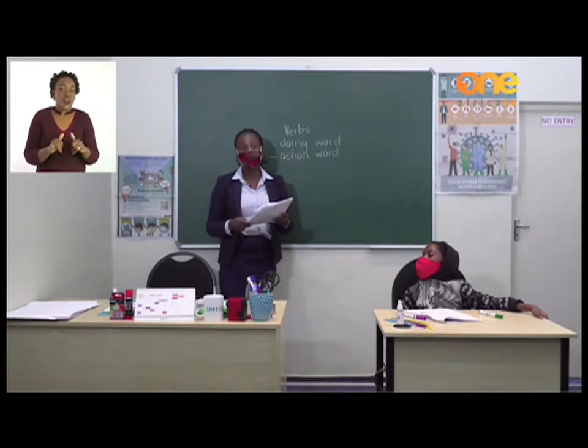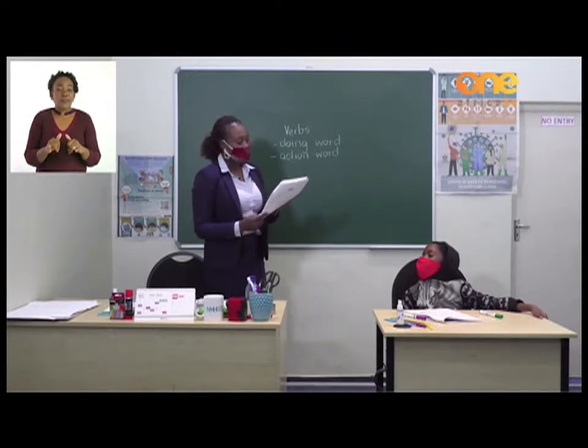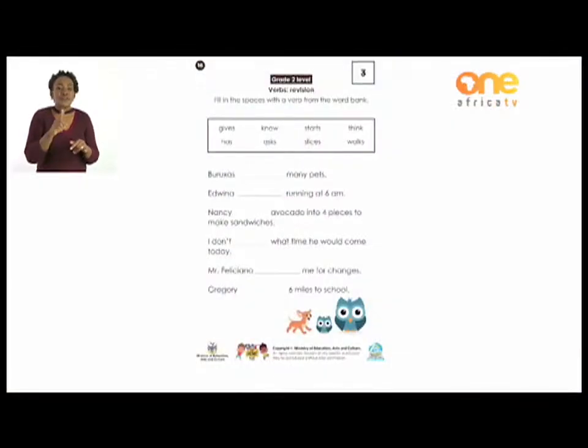Now, this is what we are going to do. I want you to choose a verb to complete the given sentences below. I'll start by doing number 1 and 2 with you.